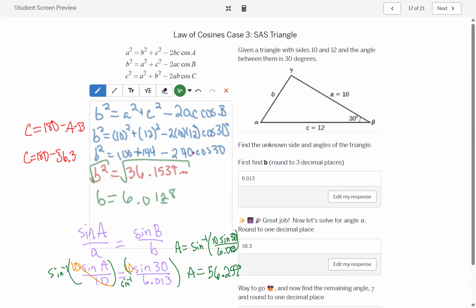That is the ugliest 5 ever. And minus the 30. And we get 93.7.